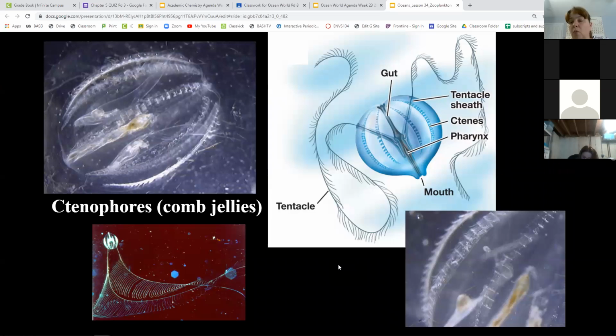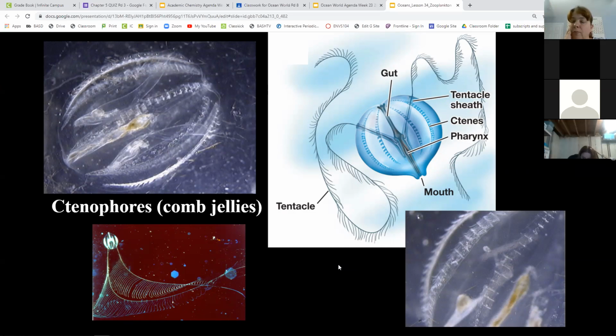So you could go into the water with thousands of these and they will not sting you. They travel in large groups, essentially like schools. They call them swarms. So when you see these in the water, you're going to see a lot of them.